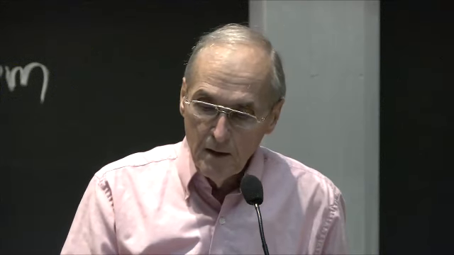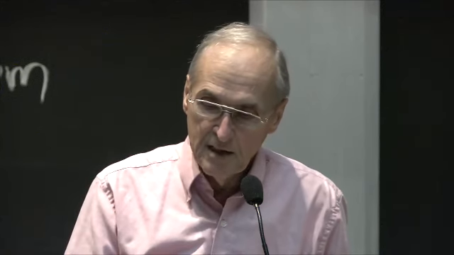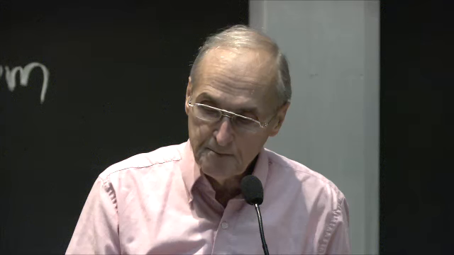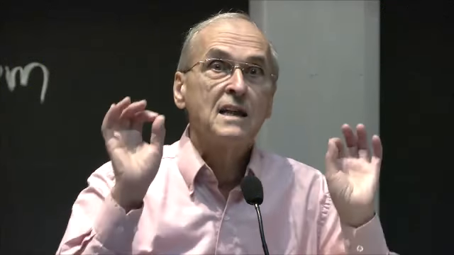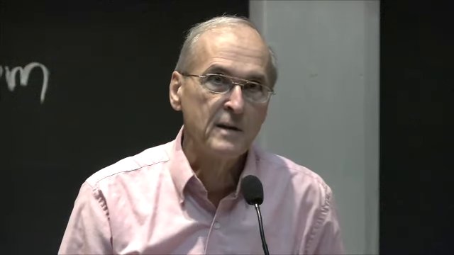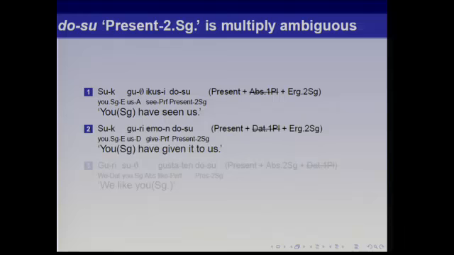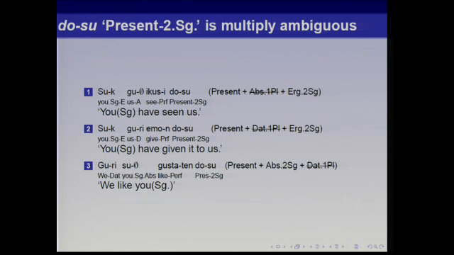it means that this T head itself is unspecified for tense. And so it makes it a lot simpler to manage the distribution of this element in, I think, a much more natural way. So here's some derivations, that is, tableaus, if you like. For example, this particular complex is multiply ambiguous.